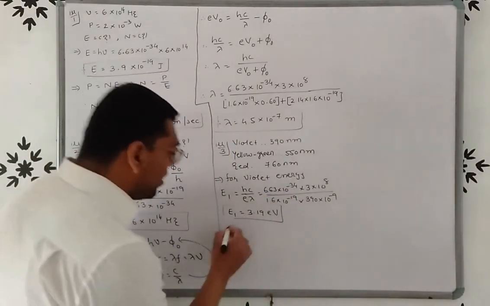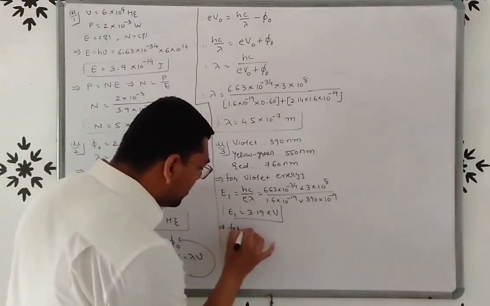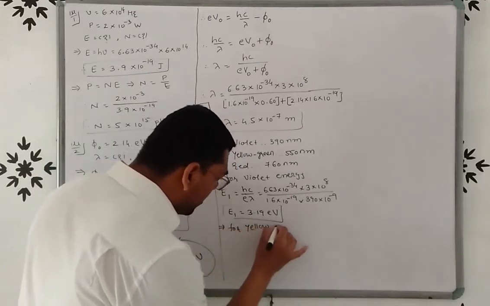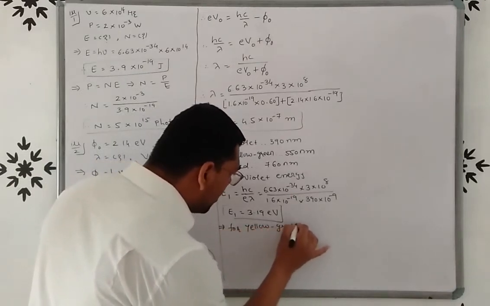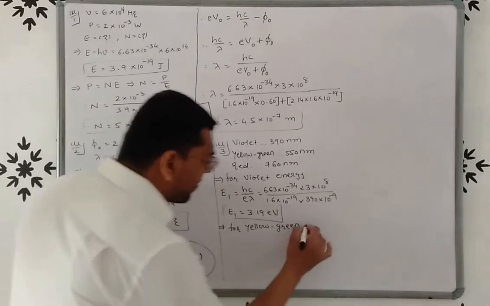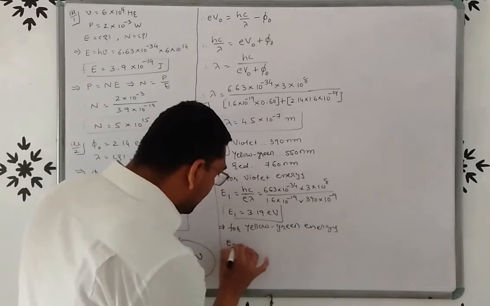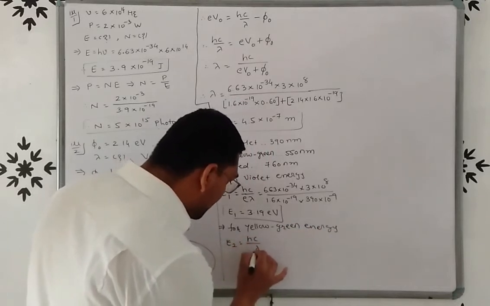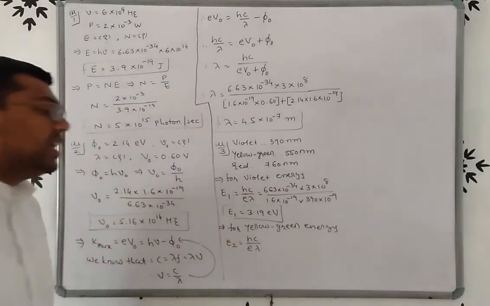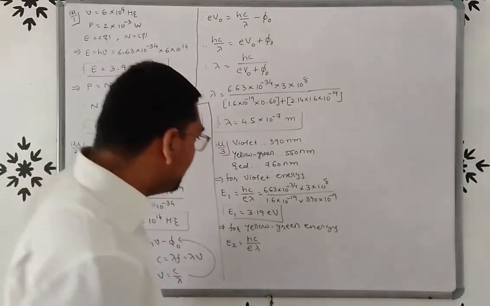Now for yellow green, energy will be E2. So E2 is equal to hc by lambda. But once again we have to find energy in electron volt, so divided by e, right?